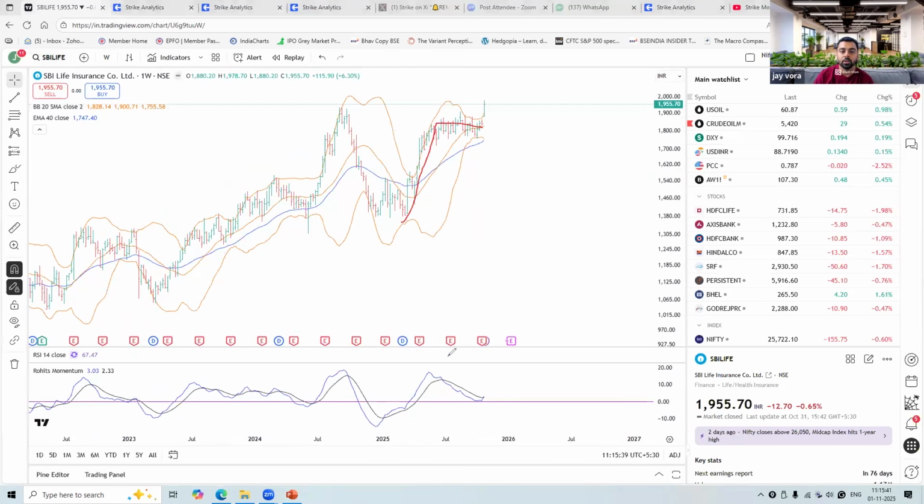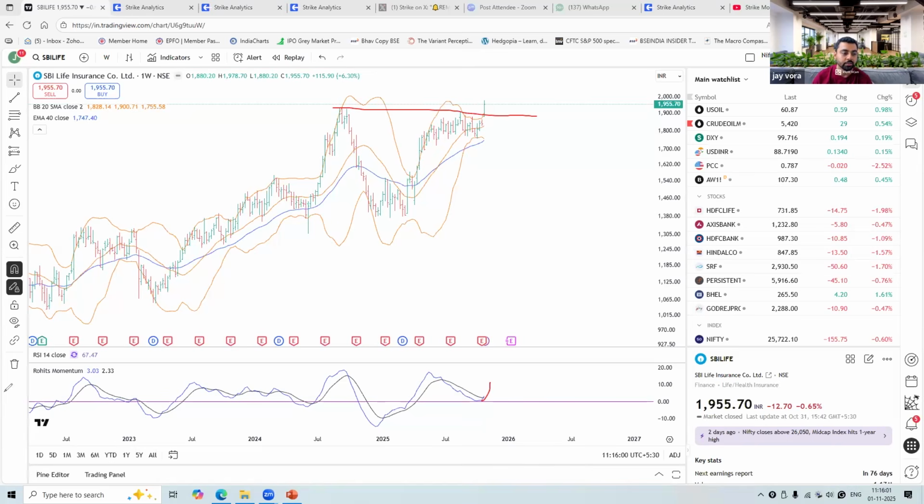Up move, consolidation. In this consolidation, RMI goes back to the zero line and again a move on the upside, right? So now the weekly buy might also come, and there is a cup and handle pattern breakout as well. So the expectation will be that the prices should rise higher.